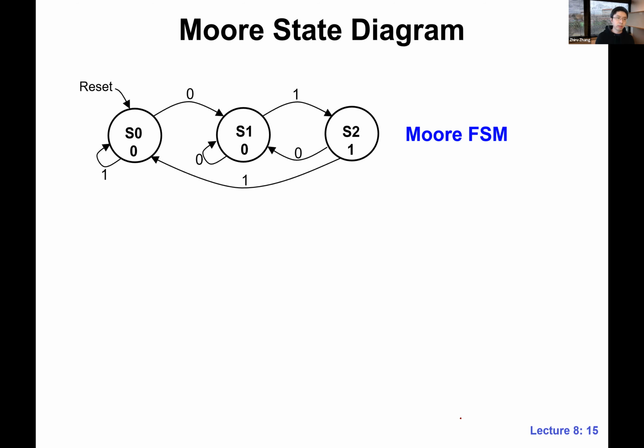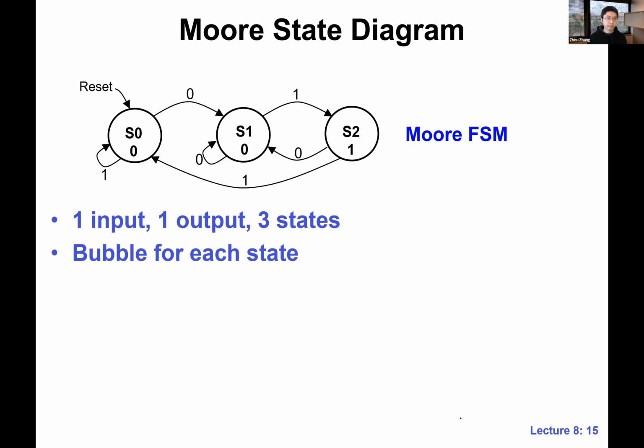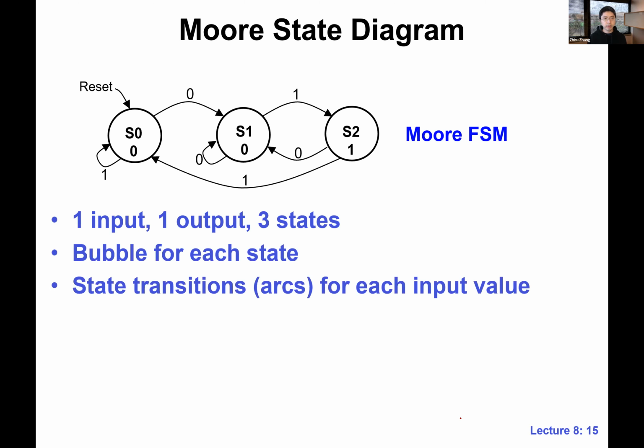So first, same diagram: 1-bit input, 1-bit output, 3 states, with a bubble for each state and arcs specifying the transitions. Let's say I give you this input sequence, 1 0 0 1.